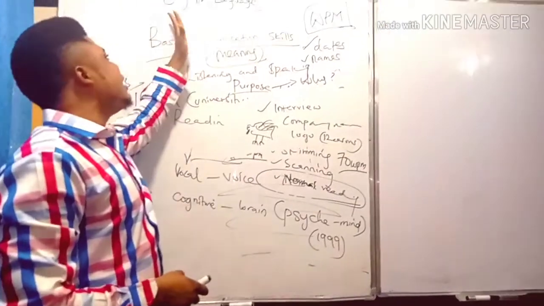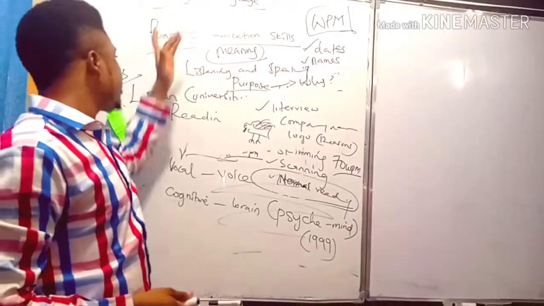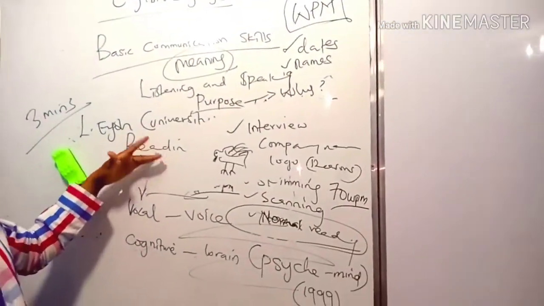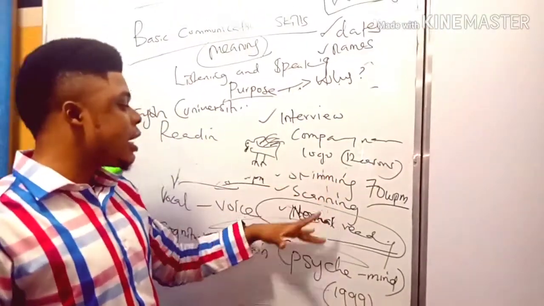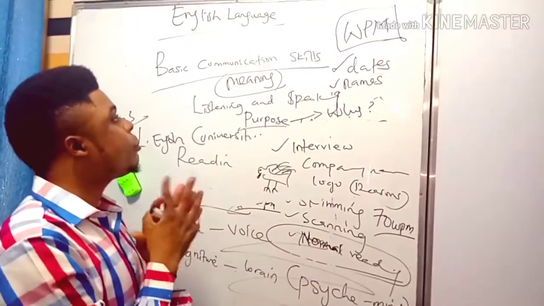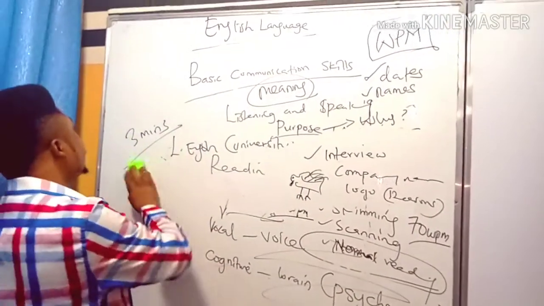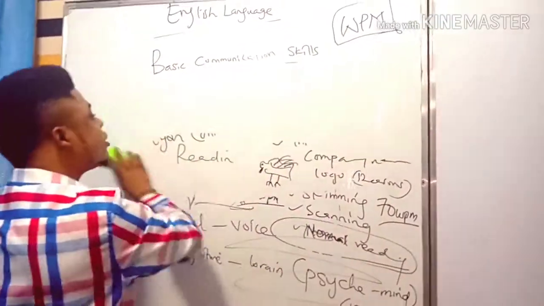So we can easily and effectively communicate. So we're done with listening and speaking, and we're also done with reading. Vocal, voice, cognitive, brain, psychic, mind, skimming, scanning, normal reading, all of these help us to make sense of communication. So let's go over to writing, which is the most technical.